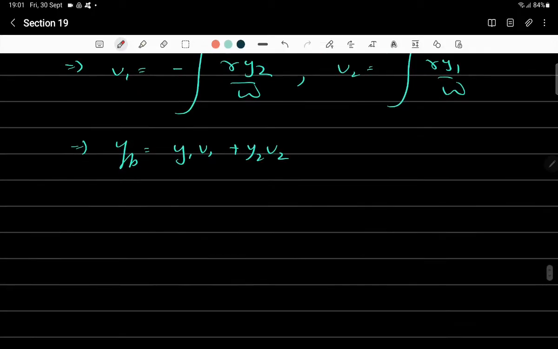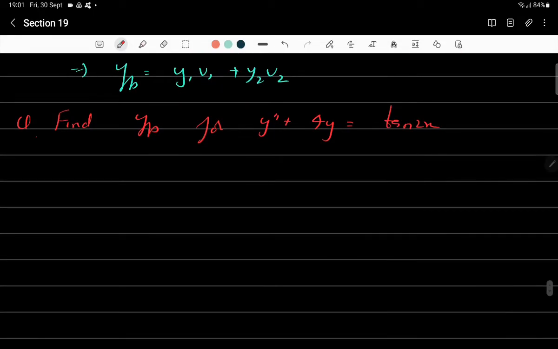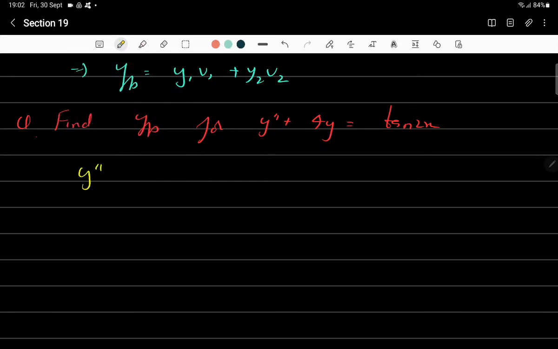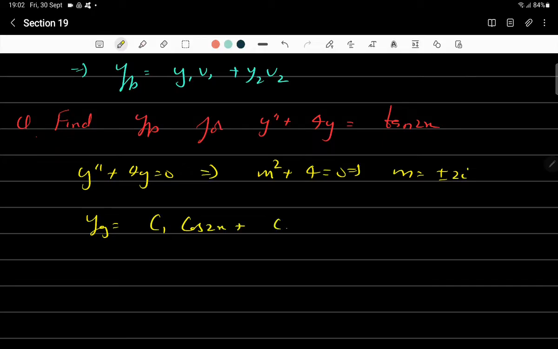So find yp for y'' + 4y = tan 2x. For finding yp, I must solve the homogeneous part first. So my homogeneous part is y'' + 4y = 0. That gives me the auxiliary equation, and that gives me yg = c1 cos 2x + c2 sin 2x.